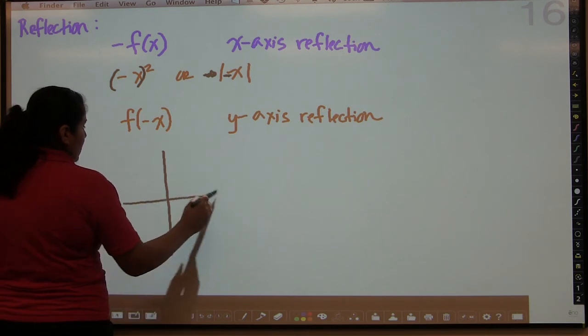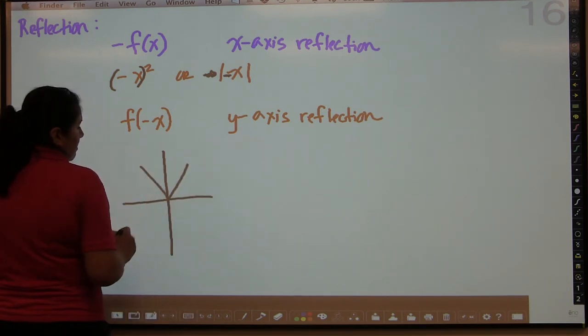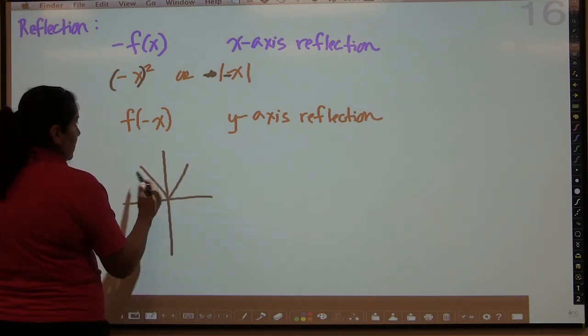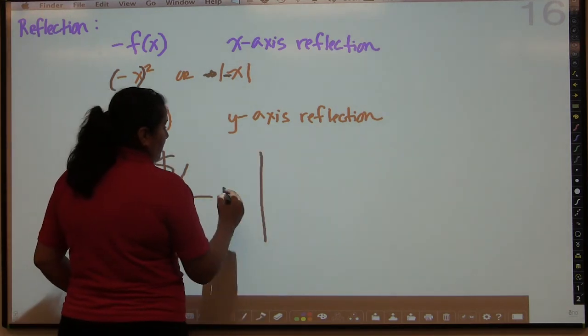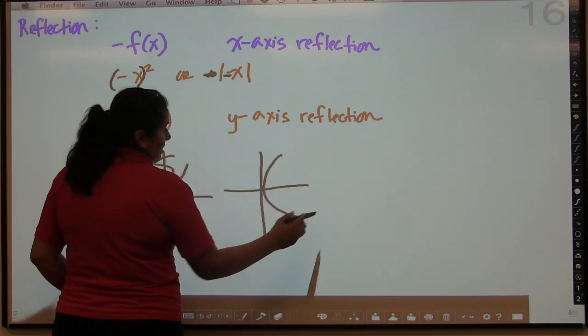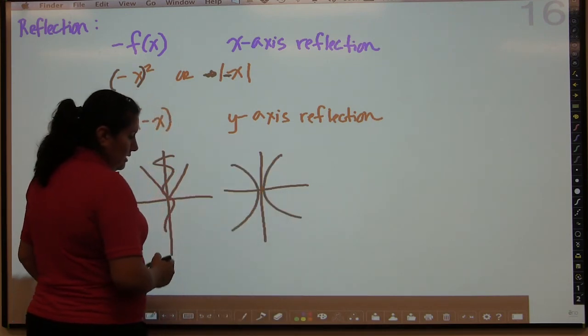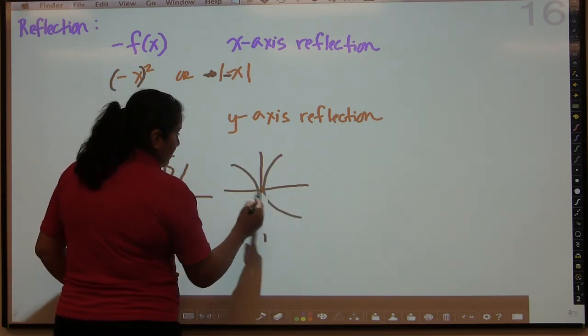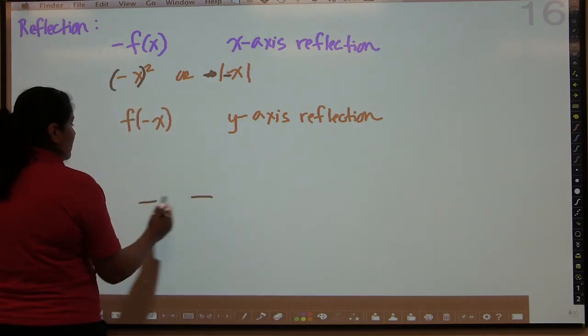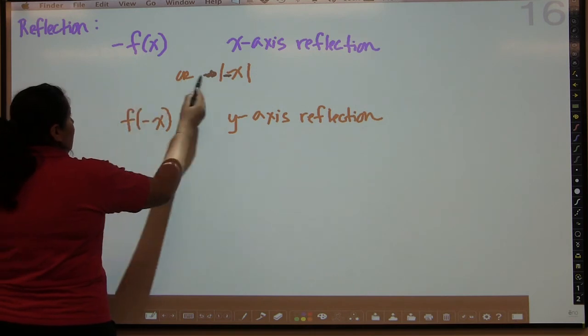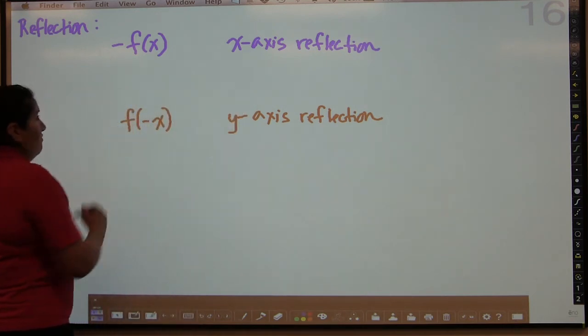If your v is normally like this, then it would flip on the y-axis. So this doesn't really make much sense, but let's say you had a graph that looked like this, then it would flip like that. Now, I will say that the latter, this y-axis reflection, doesn't happen very often. The one that you're going to see the most, especially in your homework today, is the x-axis reflection with the negative in front.